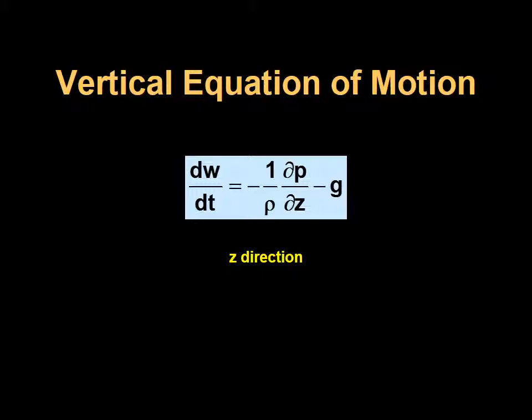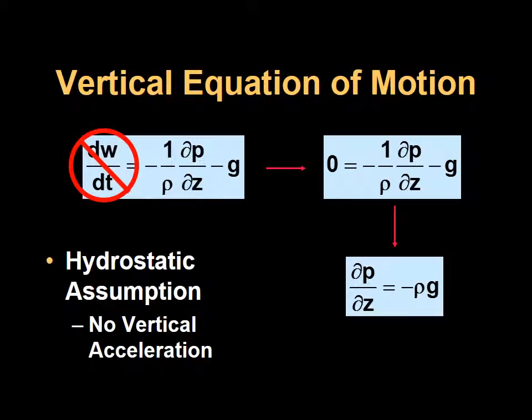Gravity is also acting on vertical motion. So we've got two terms, and when they're not in balance, we have accelerations. But you know, most times they are in balance, and that means that there's no acceleration.